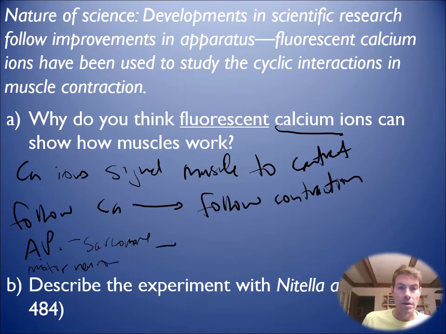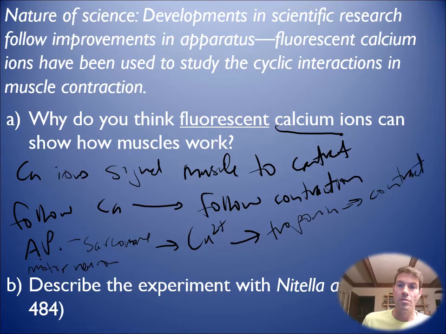The sarcomere releases the calcium 2+, and that goes to the troponin, and that allows contraction. If you don't have that calcium, you're not going to have any contraction. Usually we think of calcium for our bones and bone development, but it's also very important for muscle contraction.